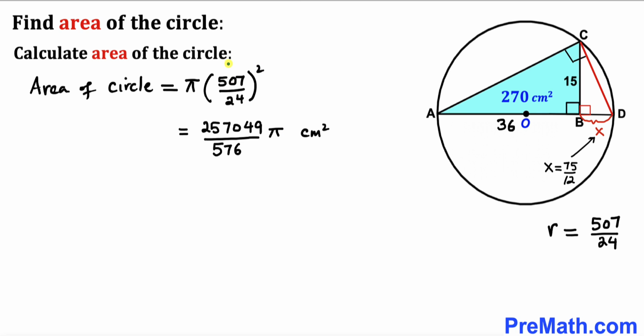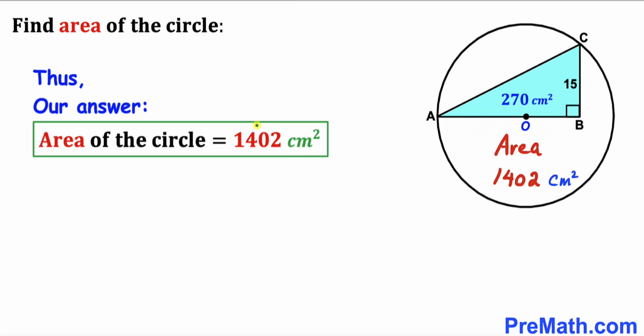If we take care of the square of this fraction, this turns out to be 257,049 divided by 576 times pi centimeter square. And if we simplify everything, this is approximately equal to 1402 centimeter square. So the area of this circle turns out to be 1402 centimeters square.